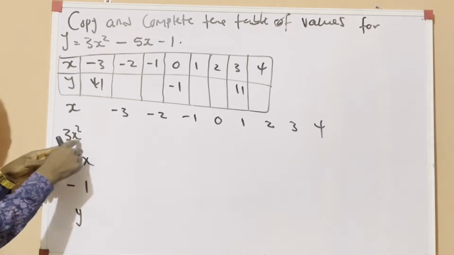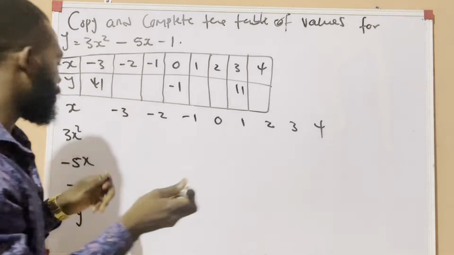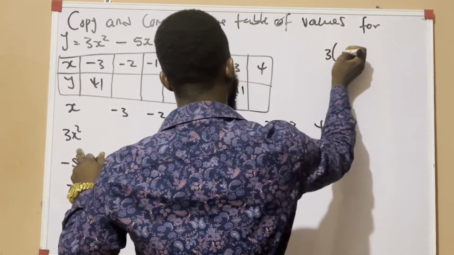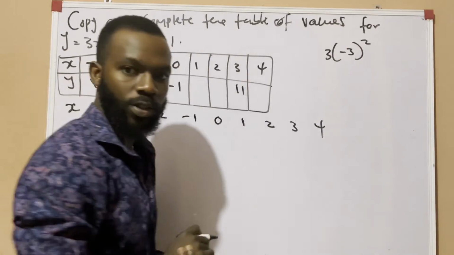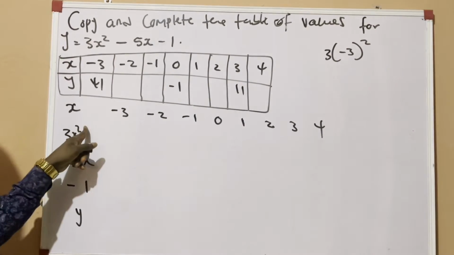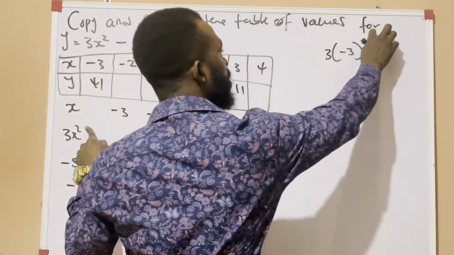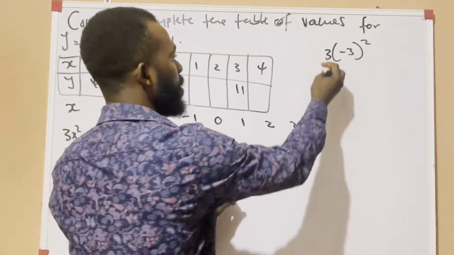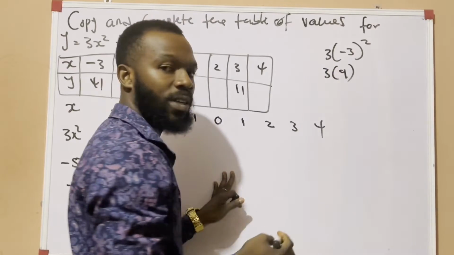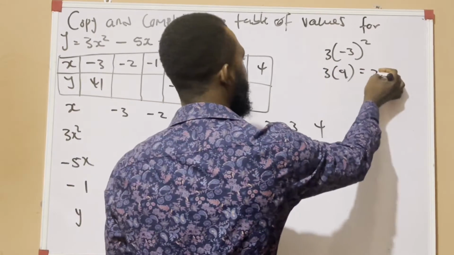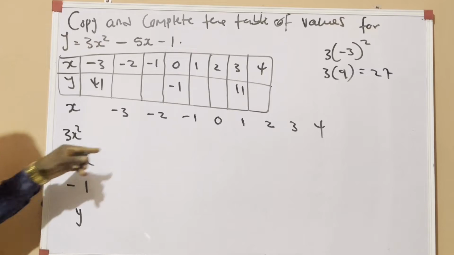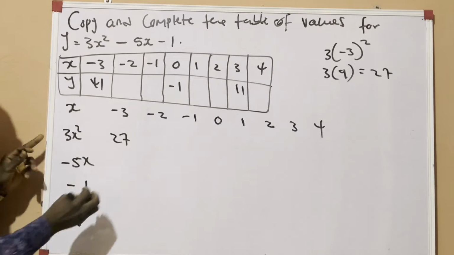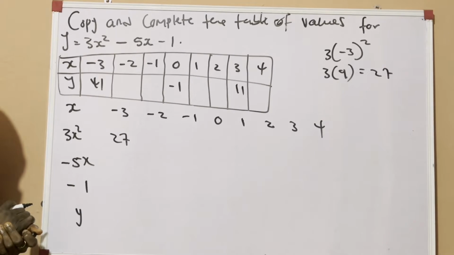So here, if x is minus 3, I'm going to have 3 into the bracket of minus 3 raised to power 2, because x carries square. Now, minus 3 raised to power 2 means minus 3 times minus 3, and that gives us a positive 9. So it means 3 times 9, which gives us 27. So what I'm going to have here is 27. Are you with me? Good.